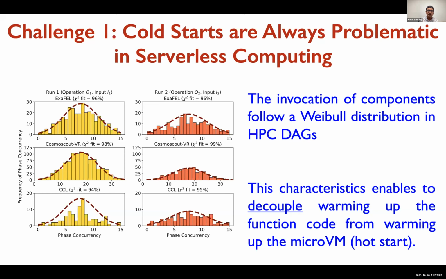So the idea here is, if you can find out which Weibull distribution they are following and the parameters of that distribution, you can actually predict what components will be invoked later and how many, and accordingly couple the code of that component and warm start or hot start these components.